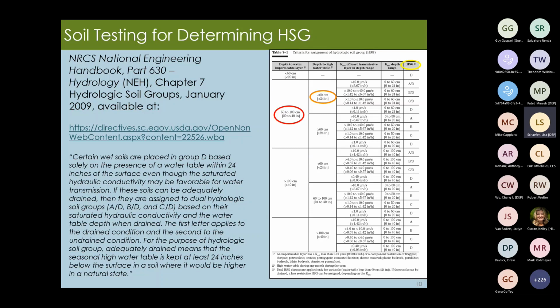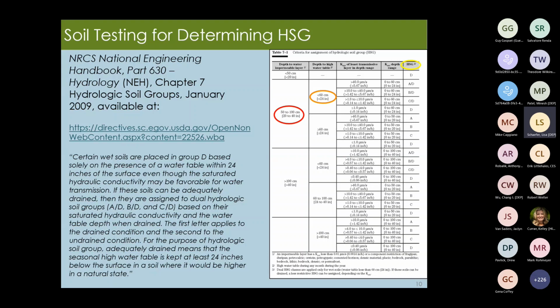The first letter applies to the drained condition and the second to the undrained condition. For the purpose of hydrologic soil group, adequately drained means that the seasonal high water table is kept at least 24 inches below the surface in a soil where it would be higher in a natural state. So if the depth is less than 20 inches, the soil is classified as D, and that's per the top row in the table.